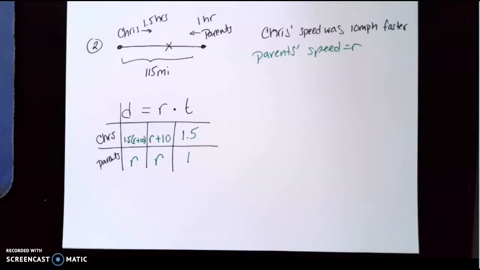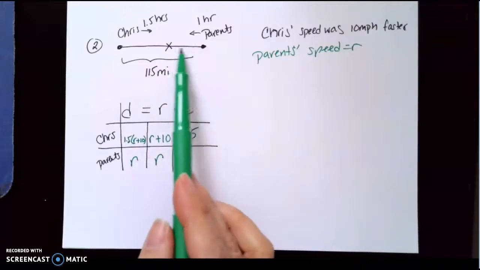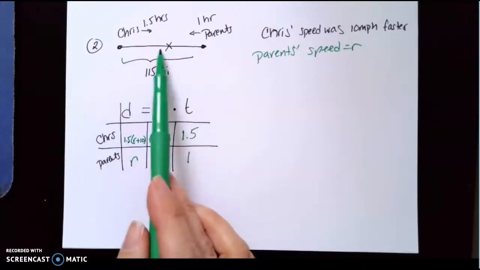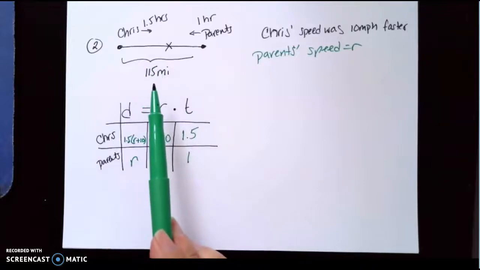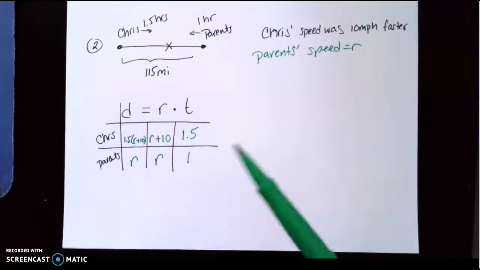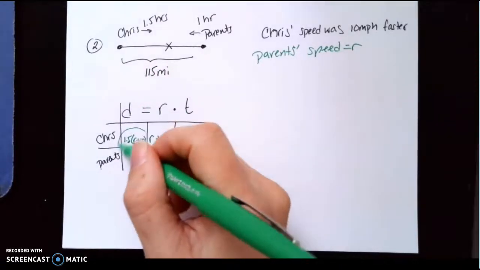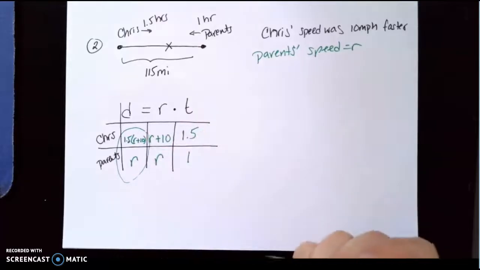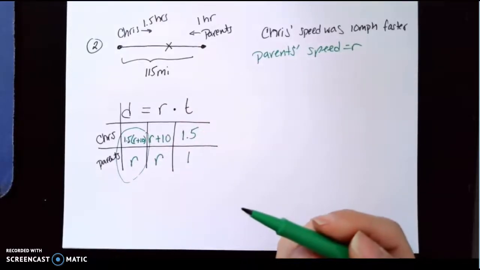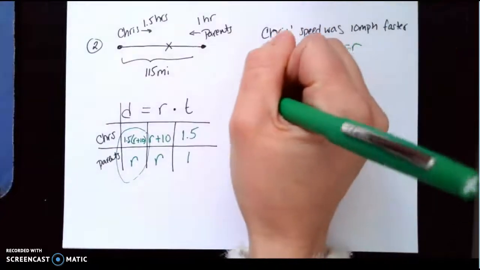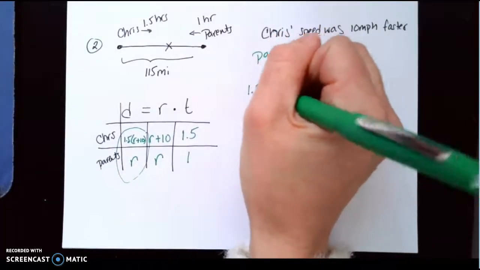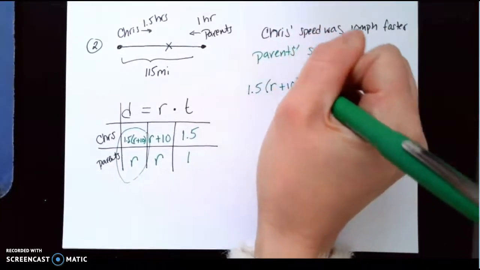But what we do know is if they met exactly in the middle of their locations, that whatever distance the parents traveled and whatever distance Chris traveled, their total distance should be 115 miles. So that means in this case, the two values for the distances should add up to 115 miles. So my equation is going to say just that. 1.5 times r plus 10.